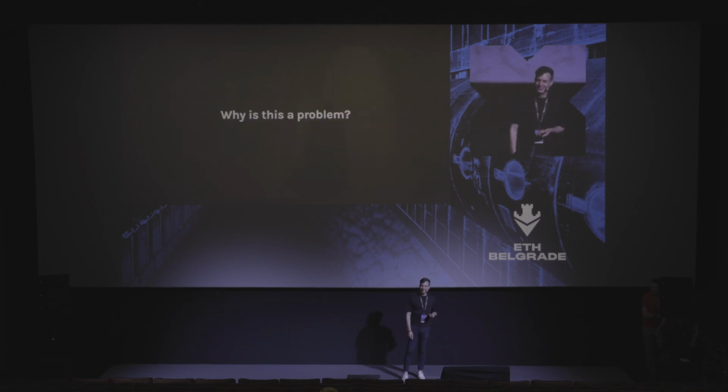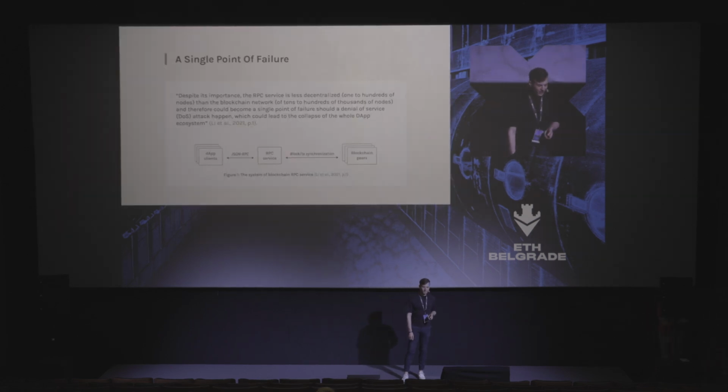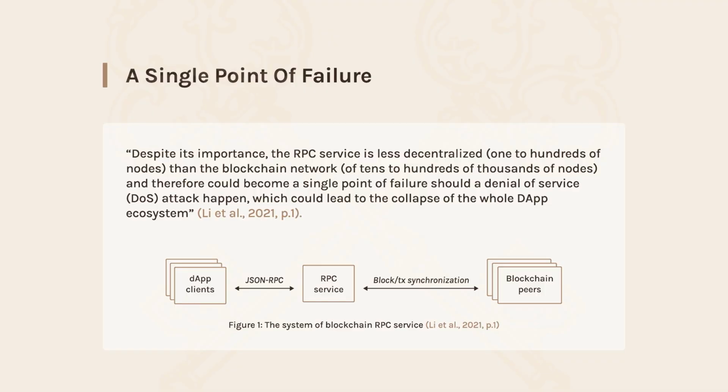Anyway, why is this a problem? The problem is that you introduce a single point of failure. You have your RPC service that sits in the middle between the blockchain and its peers and the dApp you're using, or the client.